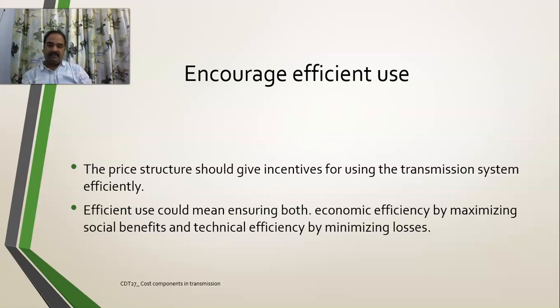So I must provide some sort of incentives for those who use it very efficiently. Efficient usage means maximizing both economic and technical efficiency. Whoever tries to improve the efficiency of the transmission system, I should give them benefits also. So my pricing should always encourage efficient usage of my transmission system.